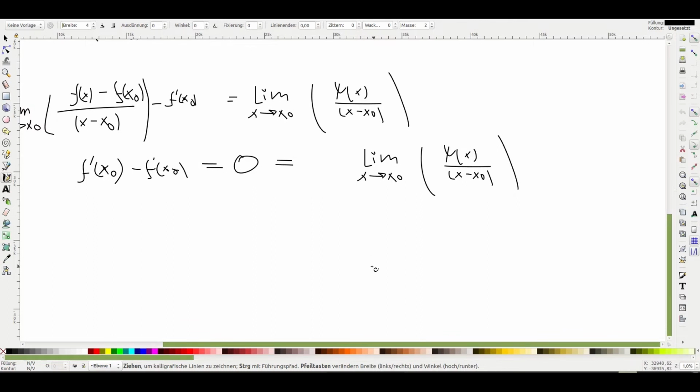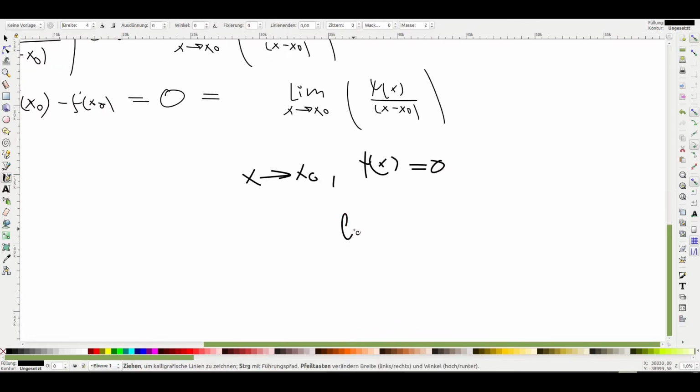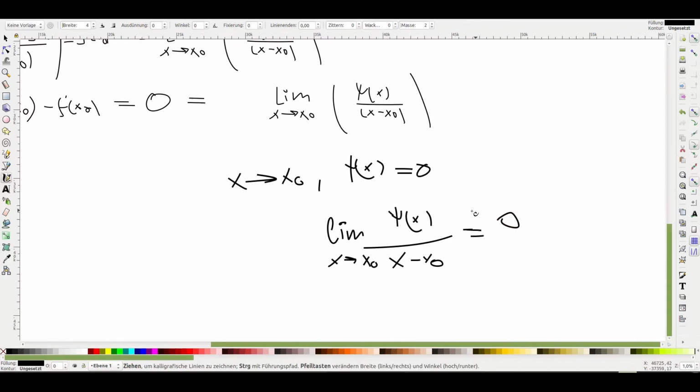So what we have now is, as we let x run towards x0, psi of x goes towards 0, and also the limit as x goes towards x0 of psi of x over x minus x0 is equal to 0, meaning that this whole part here runs faster towards 0 than this delta x below.